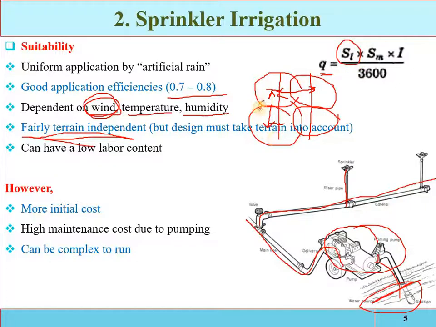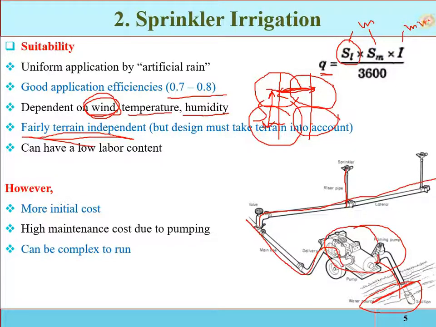In this one, this is the SL, and SM is the spacing of the lateral. See, this is the SM, and I is the water application rate. So if SM is in meters, SL is in meters, I is in millimeters per hour.